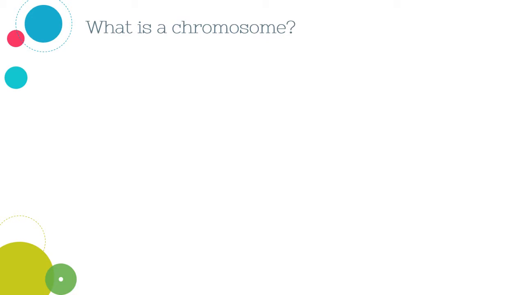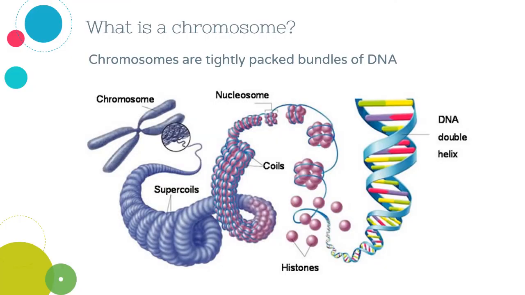First thing that would be important to talk about is, what is a chromosome? Chromosomes are tightly packed bundles of DNA. Inside each of the trillions of cells of your body, you have 6 feet of DNA inside the nucleus of those cells. 6 feet of linear DNA. A cell is very small.